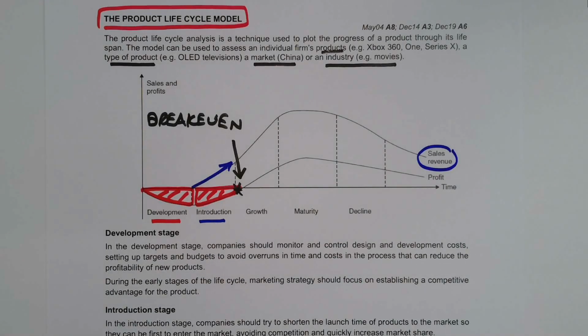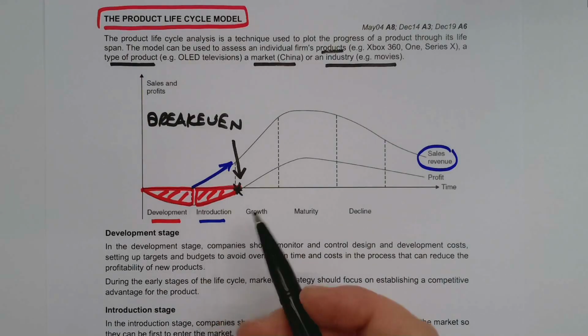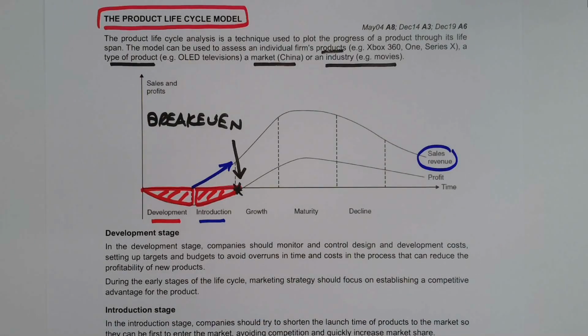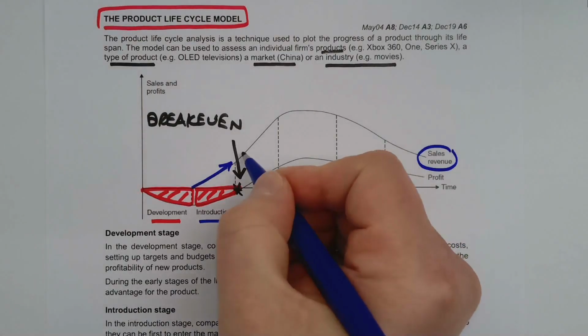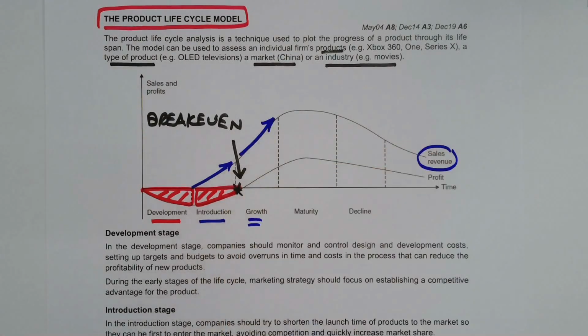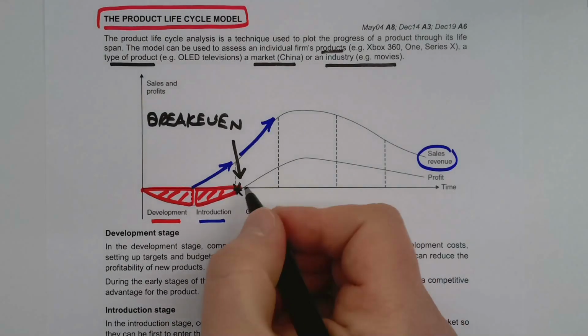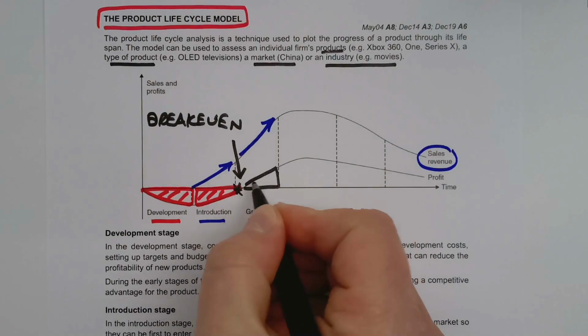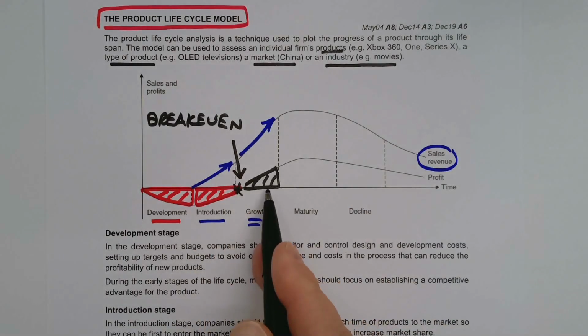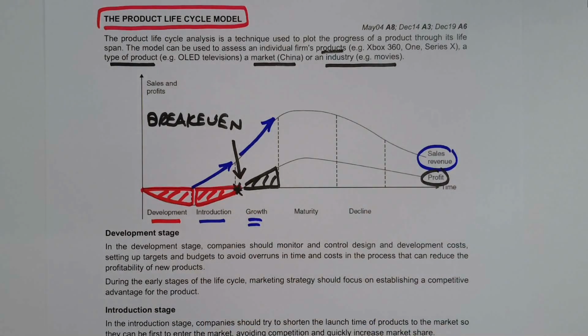And this happens just here between introduction and growth. So look, you can see here now, our sales now are really starting to take off. And it means that before, where we were losing money, losing cash, now we are making profits. You can see now, look, we're now in the black. Our profits are now being made.